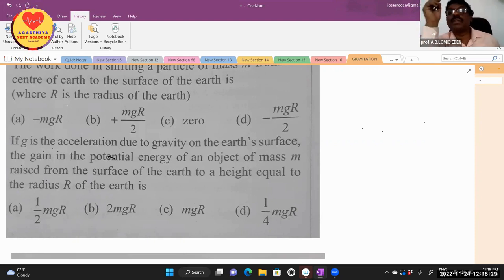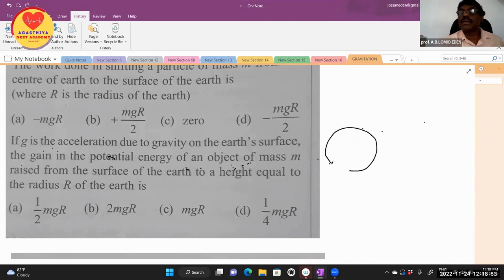The question is, find out the change in potential energy when a mass is raised to some particular height. That height is equal to the radius of the Earth.